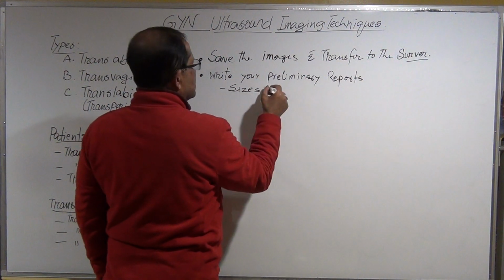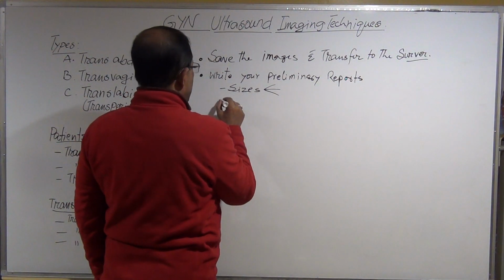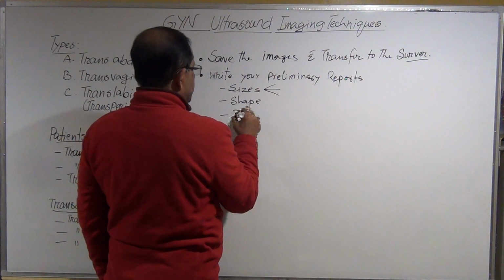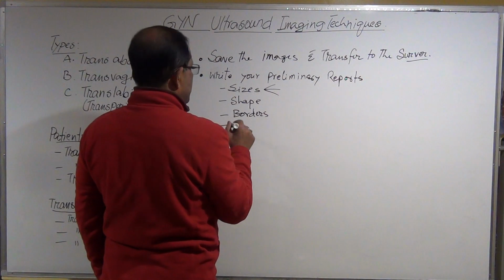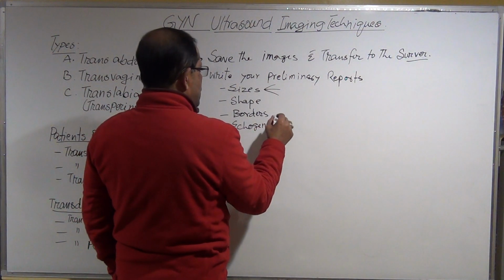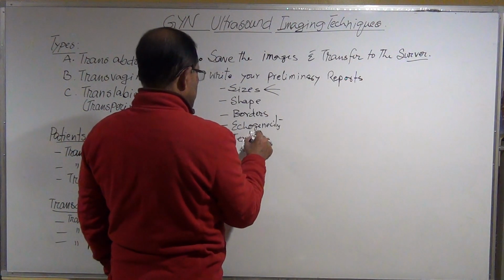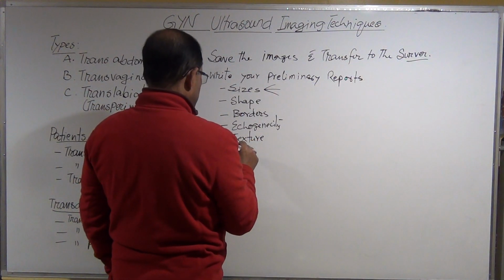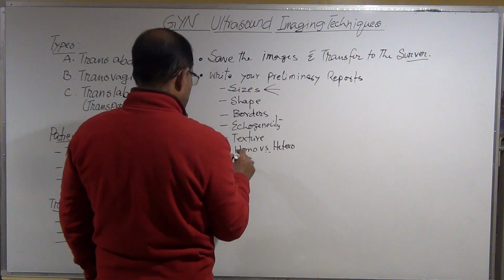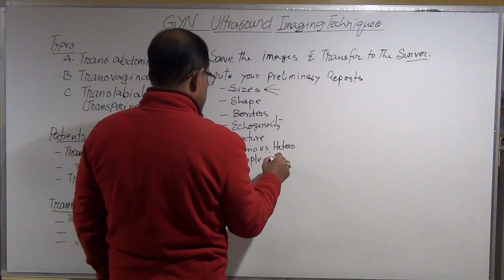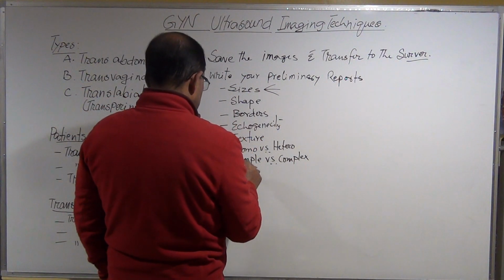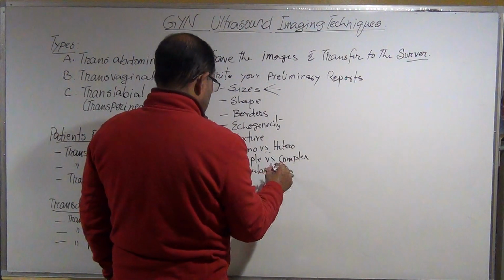Normally, sizes: length, width, height, shape, borders, echogenicity, texture, homogeneous versus heterogeneous, simple versus complex, vascularity.